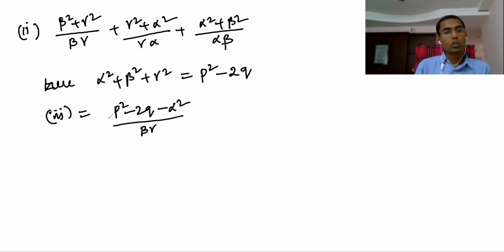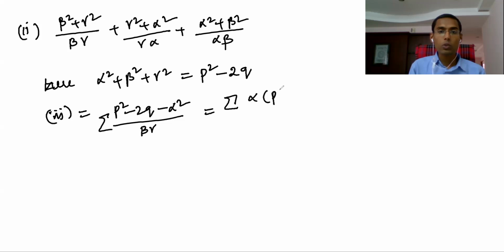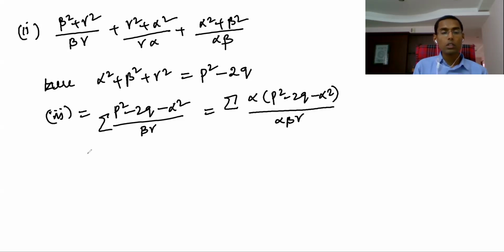This is a summation. The next term we can write the same way, but here I can multiply by alpha. Then the summation is alpha into p square minus 2q minus alpha square, by alpha beta gamma. Two more terms with beta and gamma will be there, so p square minus 2q will be there with alpha, with beta and with gamma.